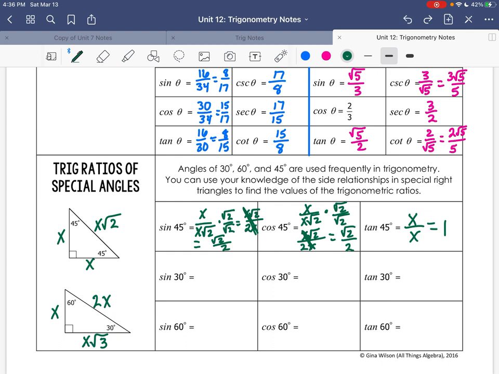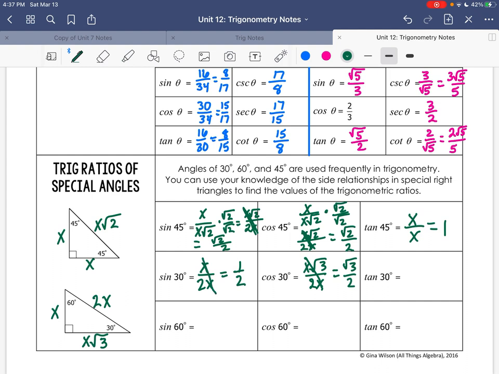So the sine of 30 would be x over 2x. So the x's simplify to 1/2. The cosine for 30, so it would be adjacent over 2x. The x's cancel out, and you have the square root of 3 over 2.